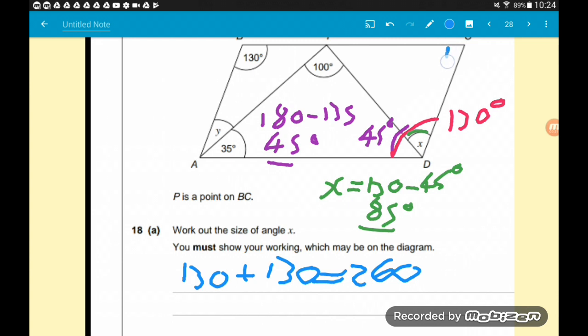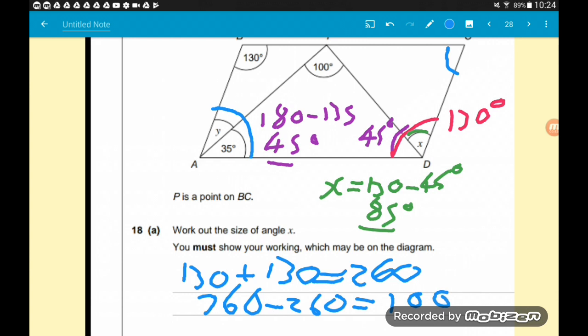So we know that the top right angle and the bottom left angle together are whatever is left when we take 260 away from 360.